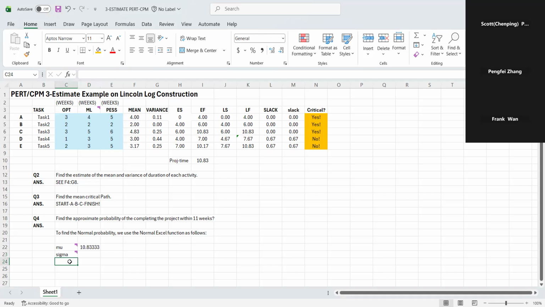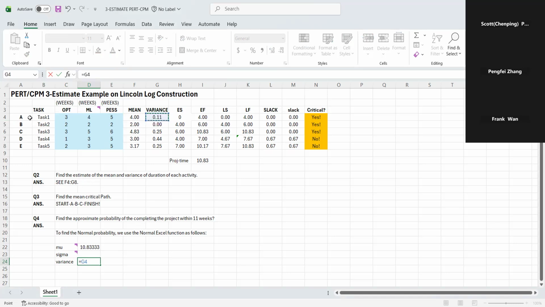The variance of project completion time is determined by A, B, C, and we need to add up their respective variances because we assume they are independent. So that's going to be this number.